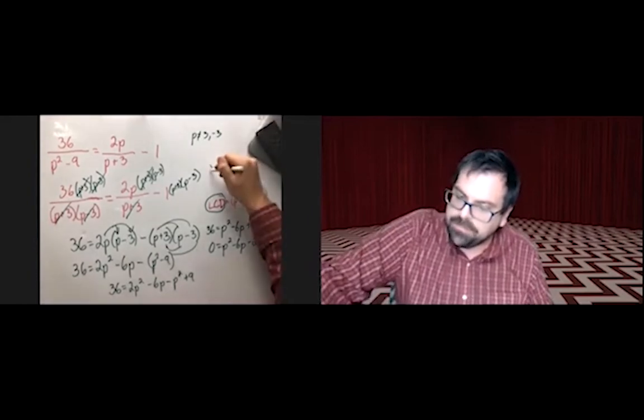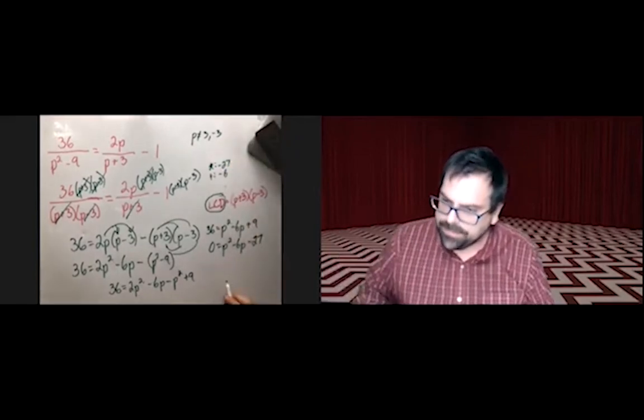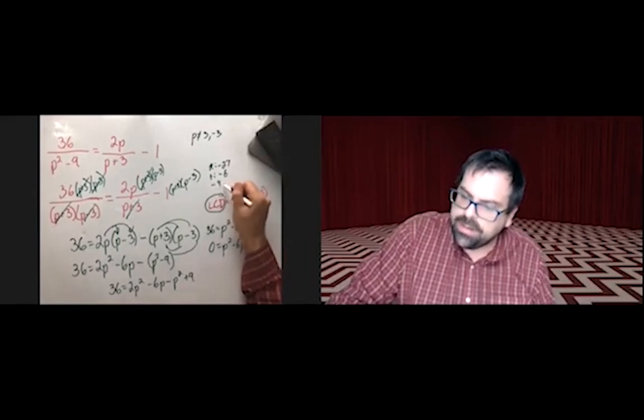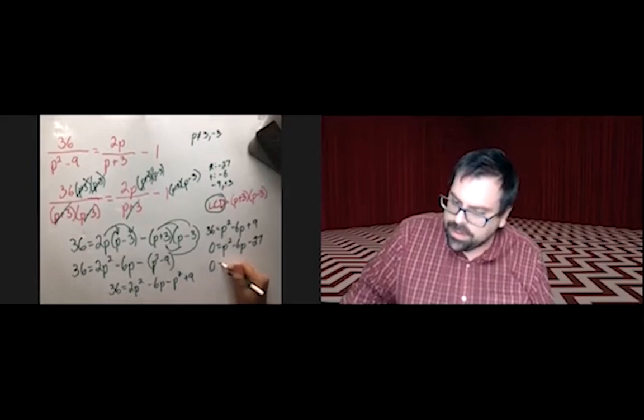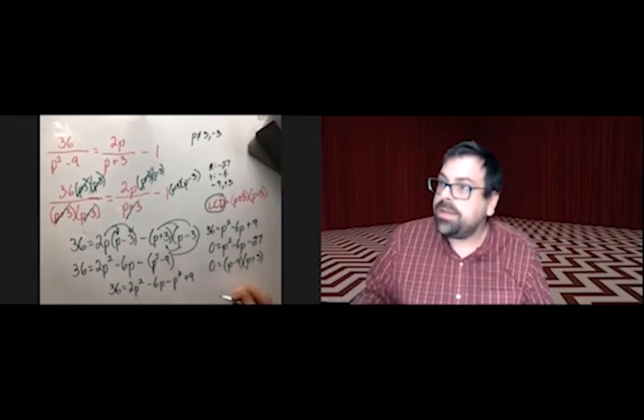I need numbers that multiply to negative 27 that add to negative 6. These numbers are negative 9 and positive 3. P minus 9, p plus 3.